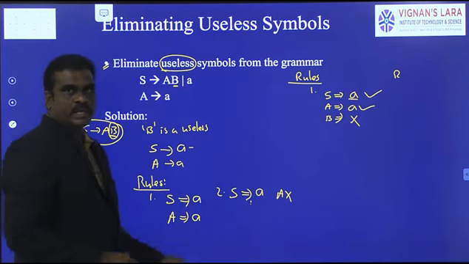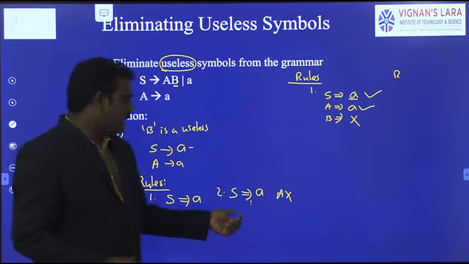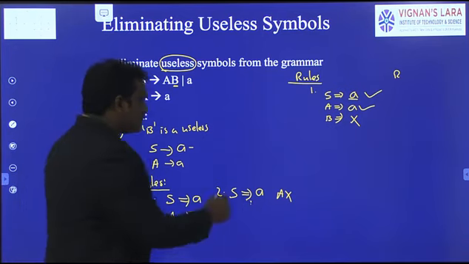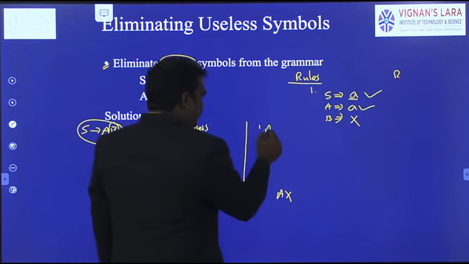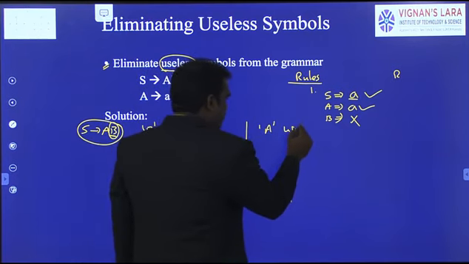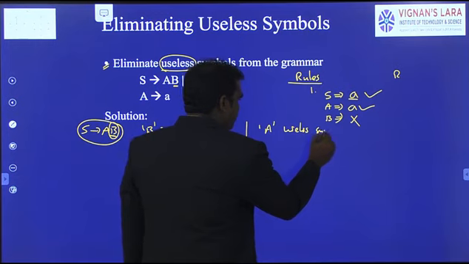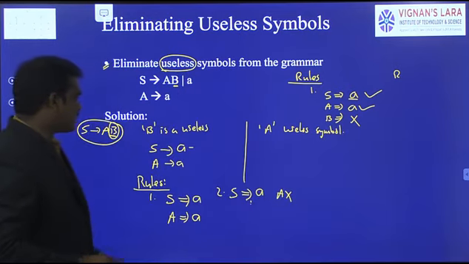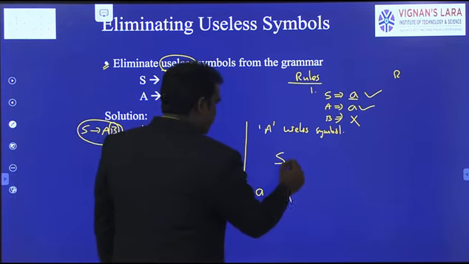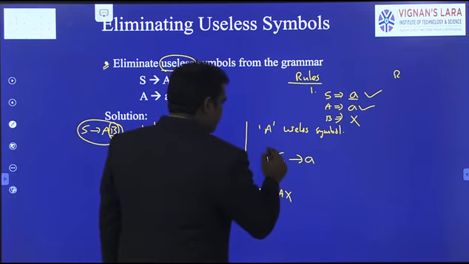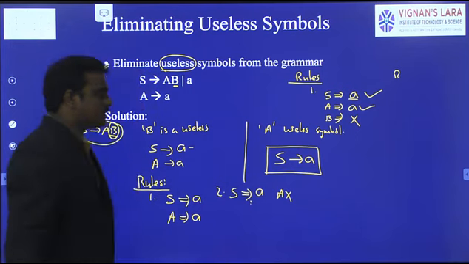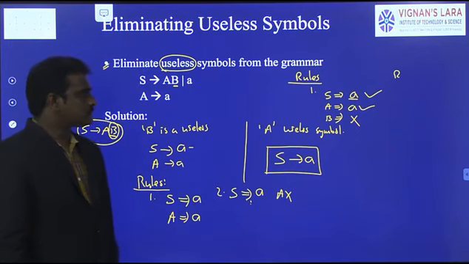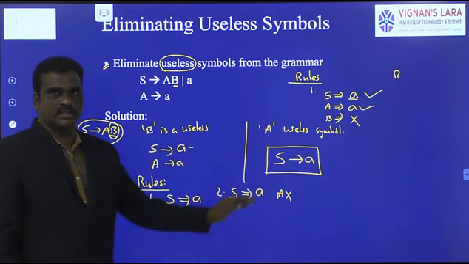In rule 2, A is a useless symbol because A is not derivable from the starting symbol of the grammar. After elimination of useless symbol A, the resultant grammar is S derives a only. This is the process.